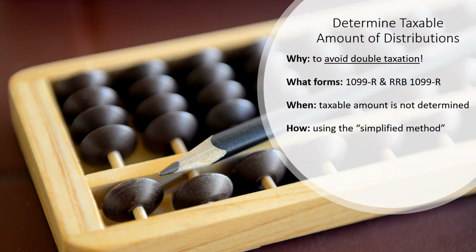So if we don't figure out what the cost was in this plan, they're going to get taxed twice. And so we want to always avoid double taxation. So that's why we are doing this process. And then there's a special method that we are going to use as VITA volunteers called the Simplified Method to help us figure out how much of these distributions are taxable.